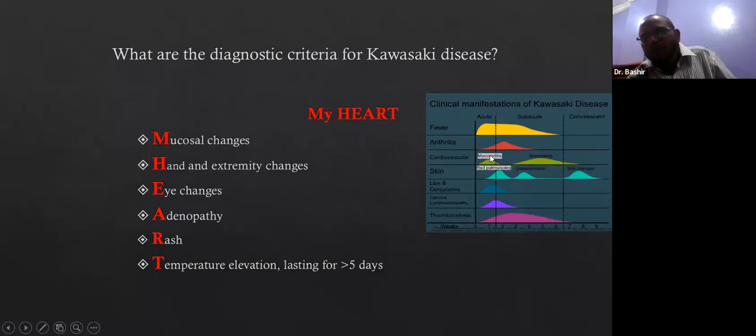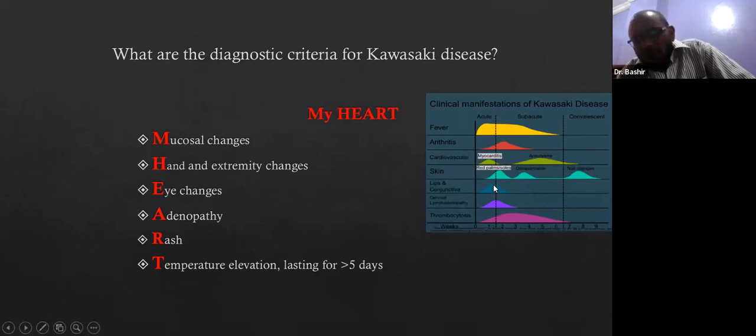And cardiovascular, the first thing is myocarditis or pericarditis, endocarditis, inflammation of the endocardium, and even valvular lesion, mitral regurgitation, and later on, aneurysm of the coronary arteries. Skin, first it will be erythema, edema, and then discoloration and nail changes lastly.